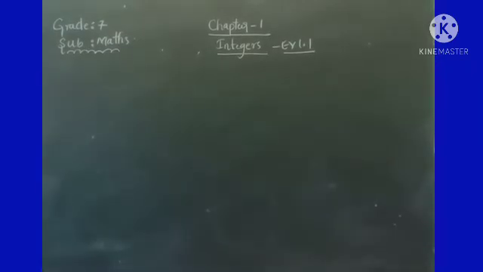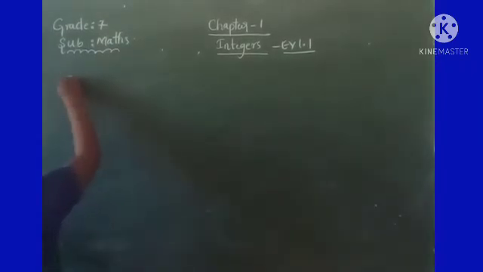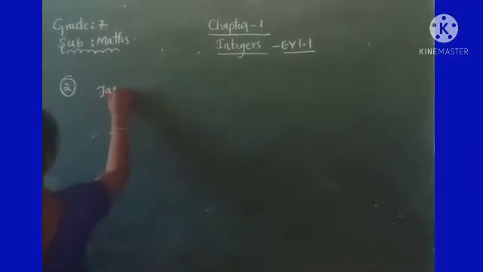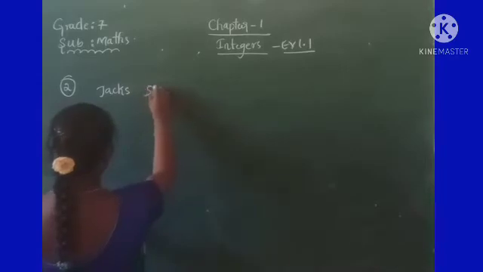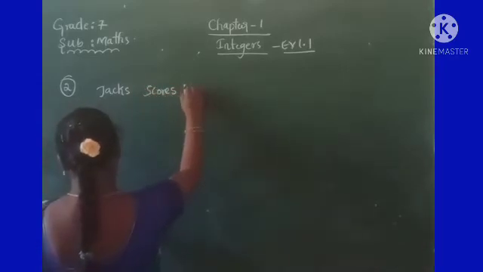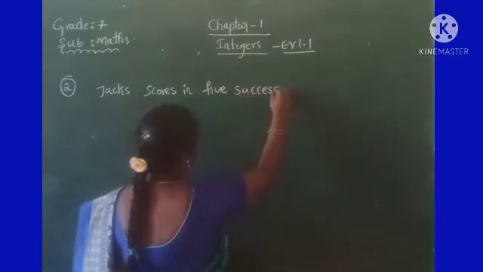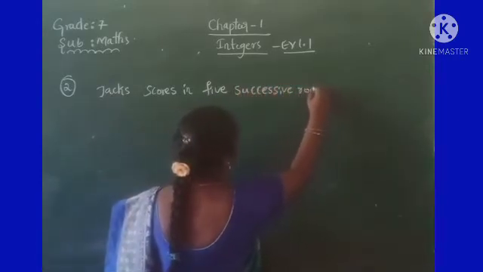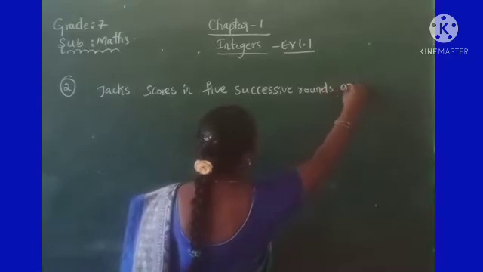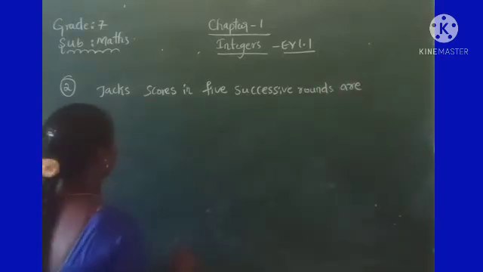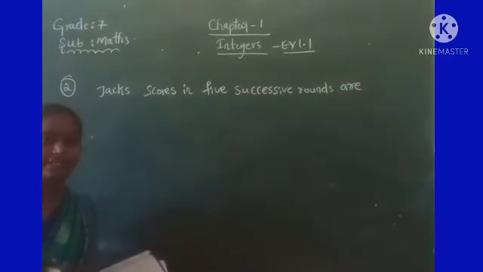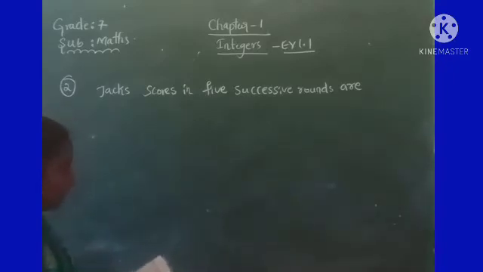First, we have to write the given obtained marks. So how many marks he scored? Job's scores in 5 successive rounds. For a correct answer he got positive marks, for an incorrect answer negative marks.